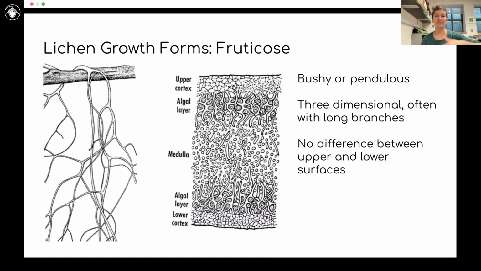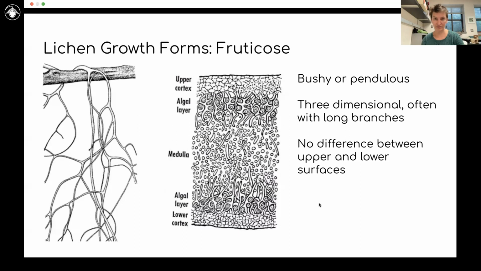So if you do a sandwich slice, you'll then actually encounter another algal layer and then what we call the lower cortex, but it's just lower relative to the other cortex of the slice. So again, that's a useful way to be like, is this foliose or is this fruticose? If I take a slice through it, how many algal layers am I seeing? And again, of course, there's nuance and exception, but that's the general idea of the structure there.